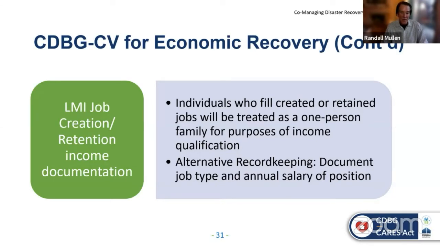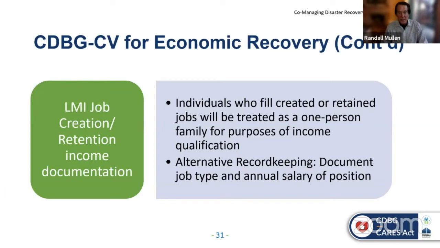HUD has also modified the related record-keeping requirements by adding the following presumption. HUD will consider the person income qualified if the annual wages or salary of the job is equal to or less than the Section 8 low-income limit established by HUD for a one-person family.